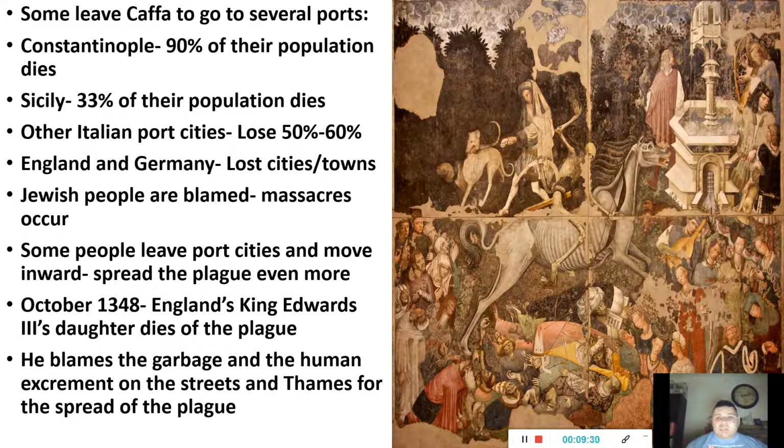Now, the thing is, some Jewish people actually fought back. And then these people who didn't like the Jewish people were like, "Look, see, they're guilty. They're trying to fight back. They're the ones who spread this." And they start attacking them, saying it's a punishment by God. And again, you have to remember, the Jewish faith does not believe that Jesus was the Messiah.